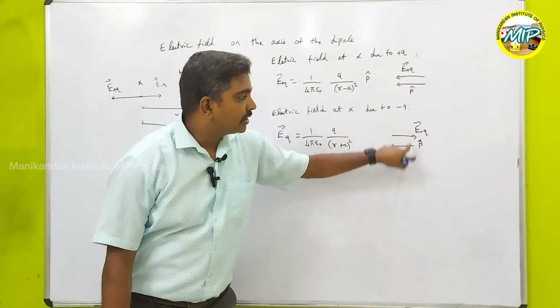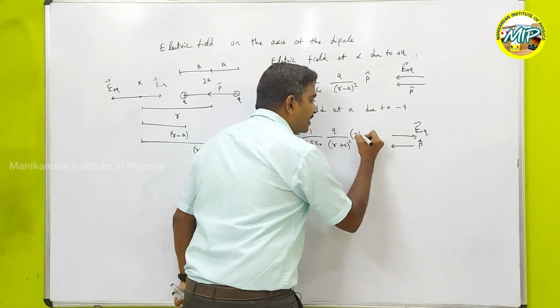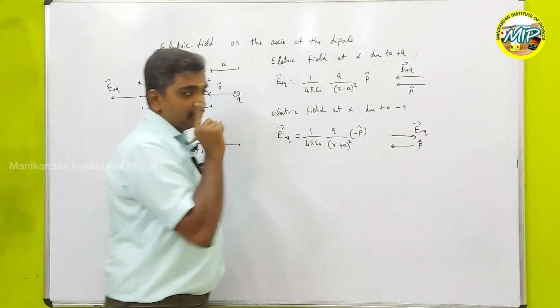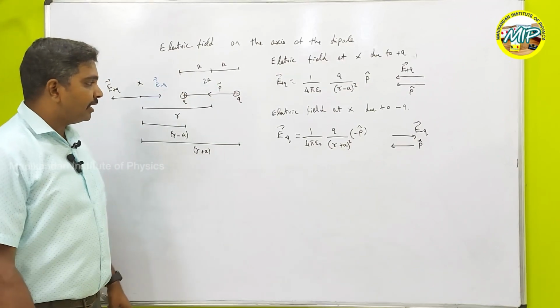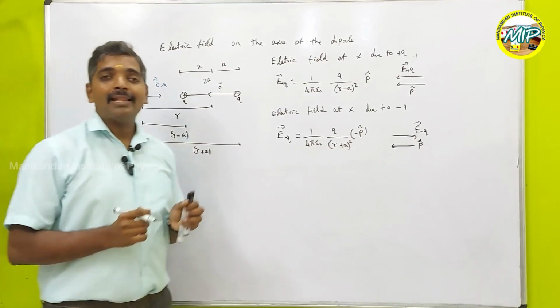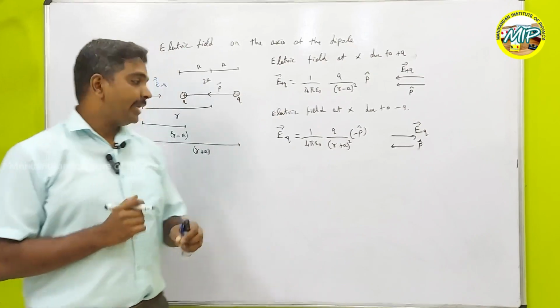So these two vectors are anti-parallel to each other. We put minus p cap here. So if I put minus p cap here, now I just want to write the resultant electric field at point x.